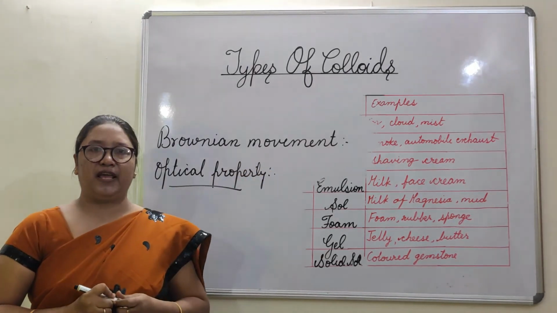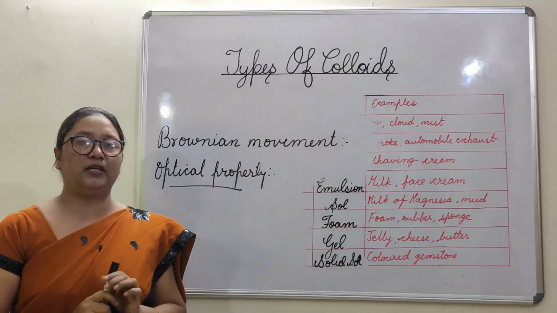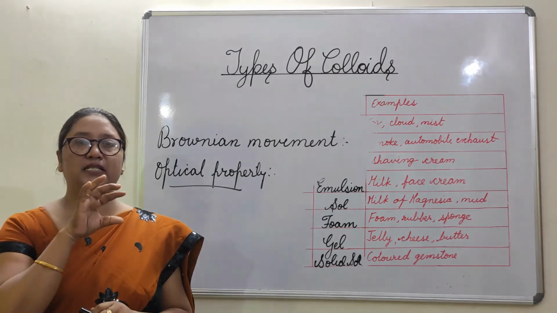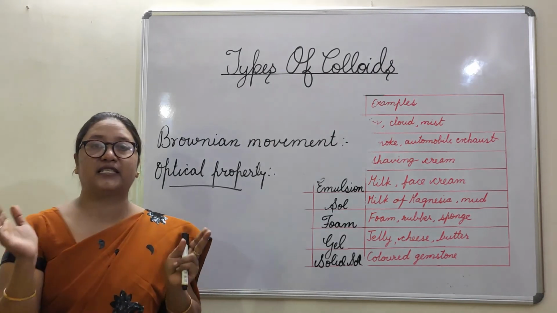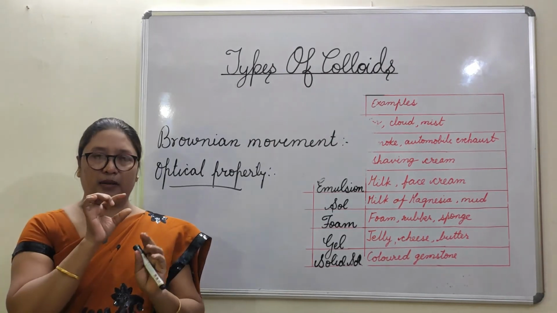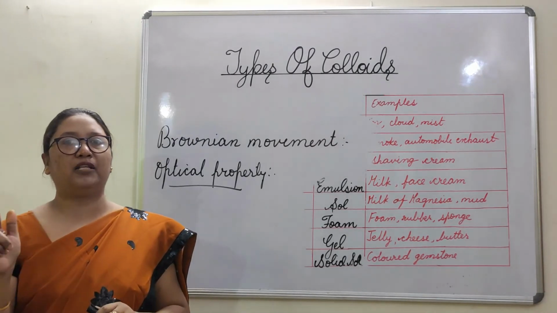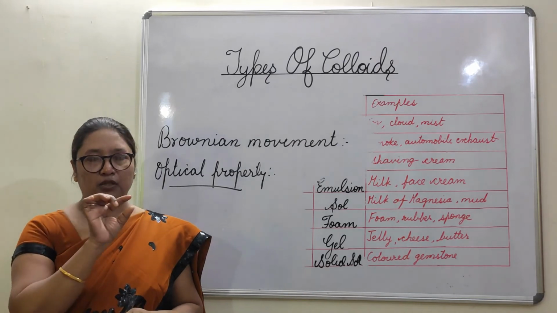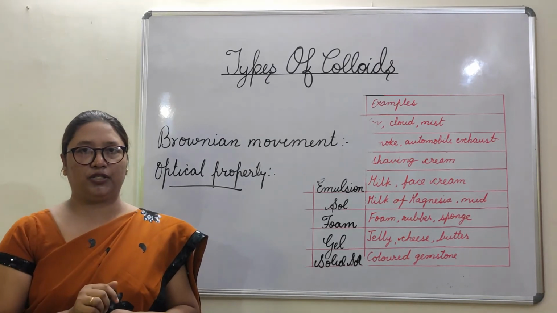When a beam of light is passed through a colloidal solution, the beam of light scatters and the path of the light is visible nicely through the colloidal solution.